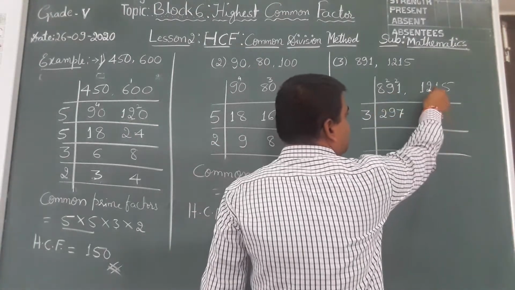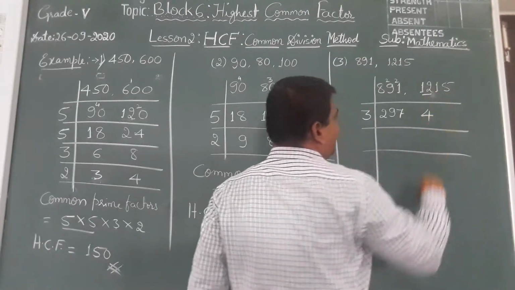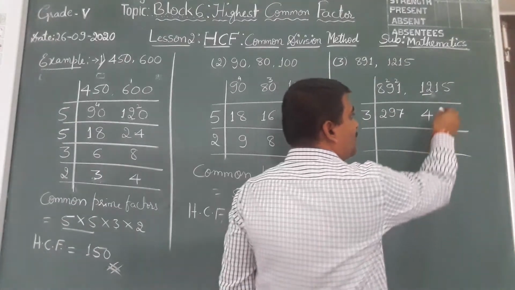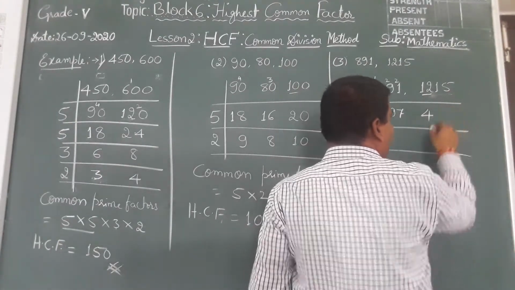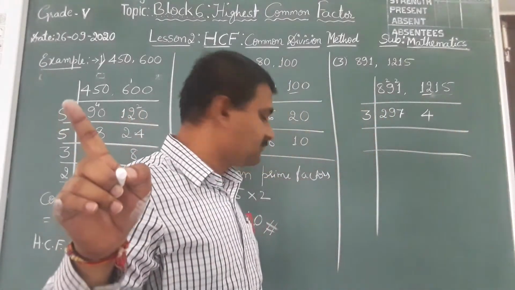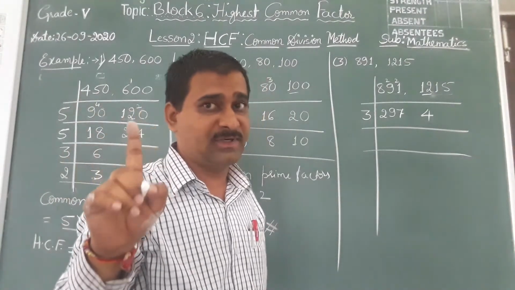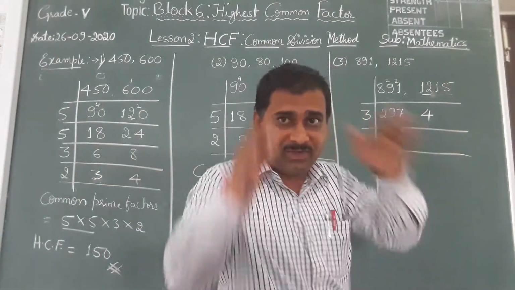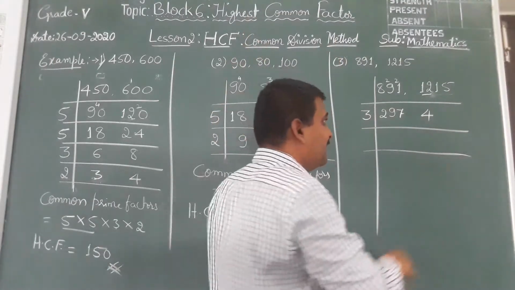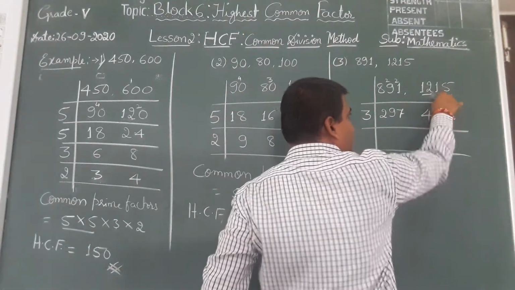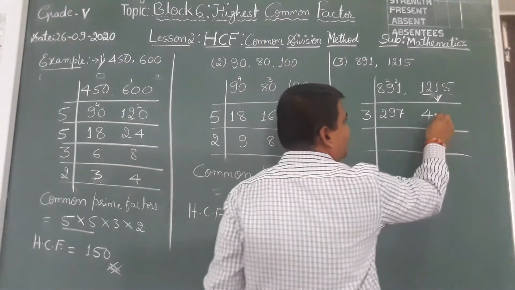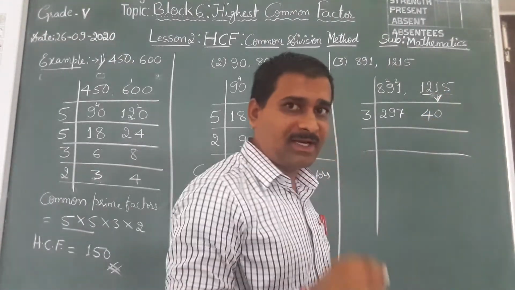Let's check this one, 12. 3 4s are 12. Children, you should not take this directly as 15. In division, you learned that you cannot take both numbers at a time. First you take 1, it is not possible to divide, so you write 0.